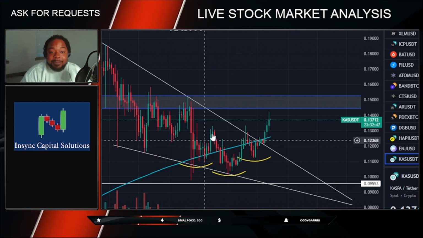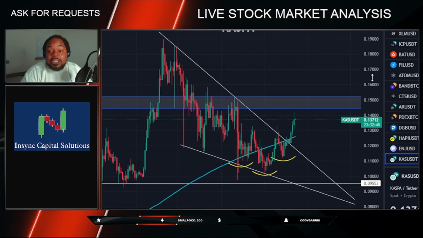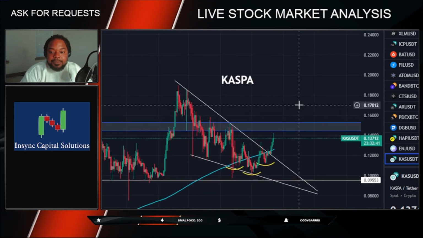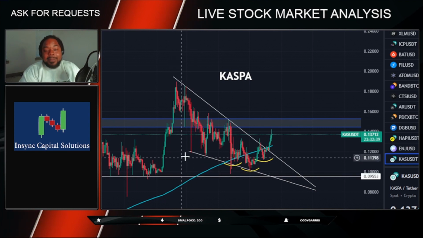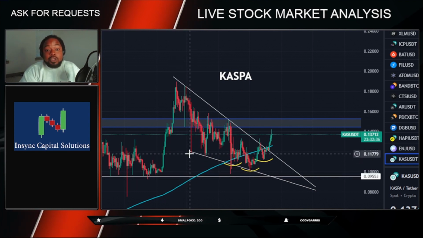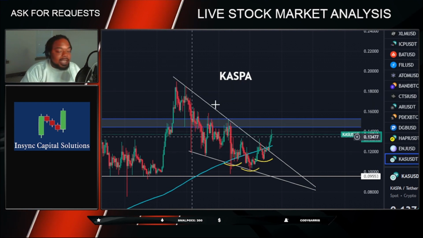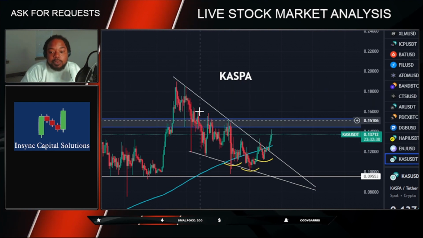I appreciate that. But now let me say this: there's two ways that you can size this up. And by size it up, I mean gather your targets on where price could go. The first way to do this is to get the measured move of the falling wedge.